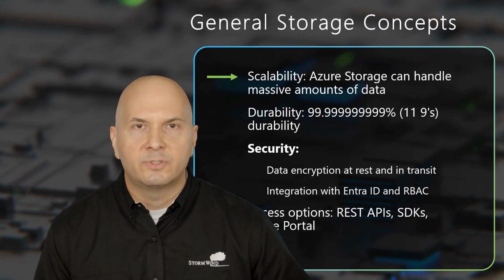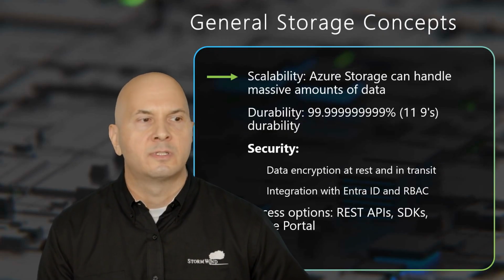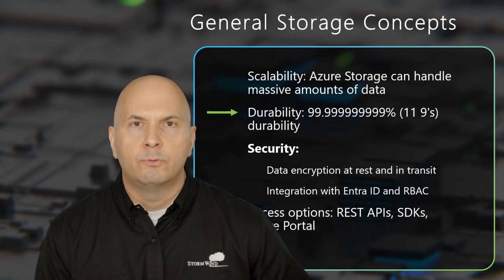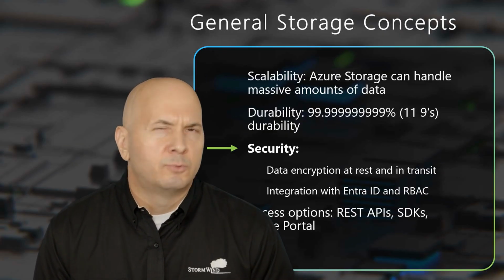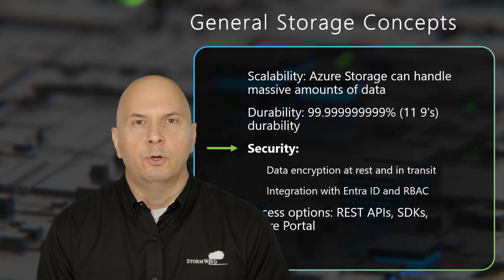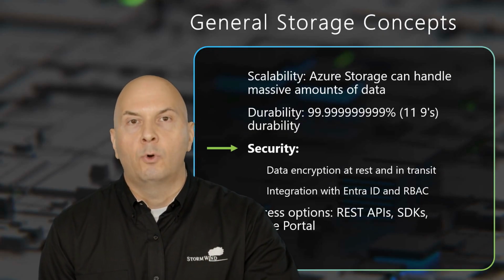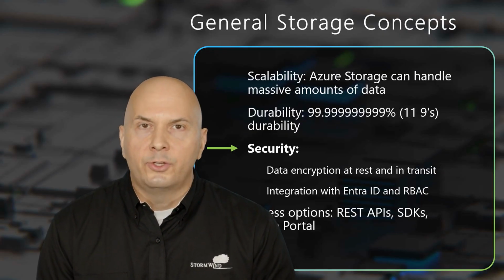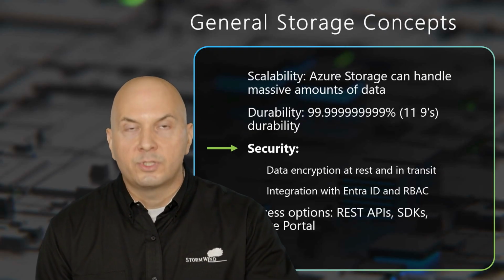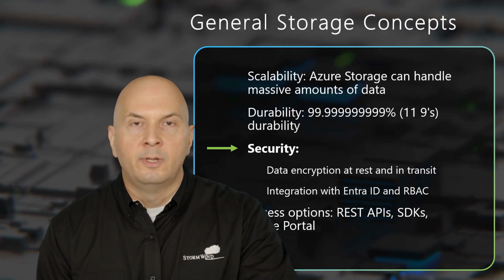So massive set of capacity and performance, plenty of durability, storage encryption by default. So all of the read-write activity is encrypted through TLS, and then it's stored on disk in an encrypted format. Even if you're not supplying in your own encryption keys, Microsoft will do managed encryption for you by default.